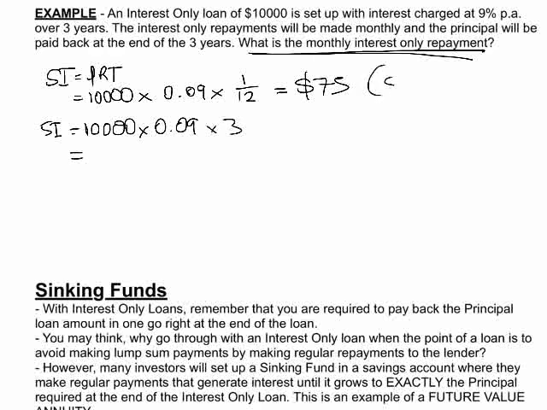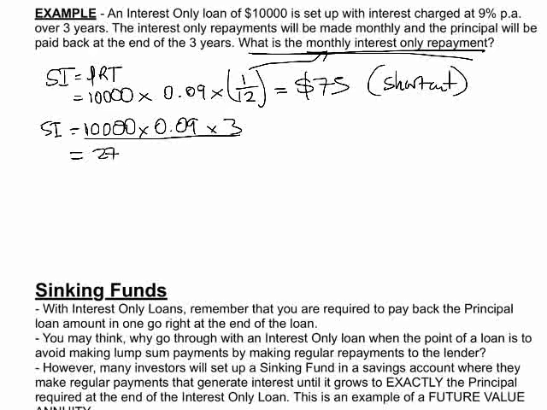Let me just indicate that the other way was the shortcut. It's only asking for the monthly repayment, so that's why you do the month's worth. But if you want to do it the long way, this tells you the simple interest you pay for the 3 years: 10,000 times 0.09 times 3.